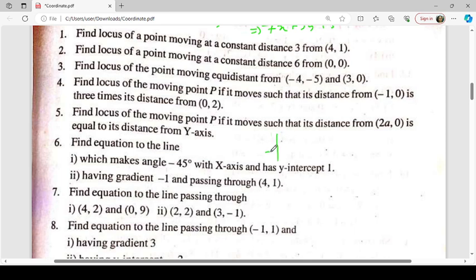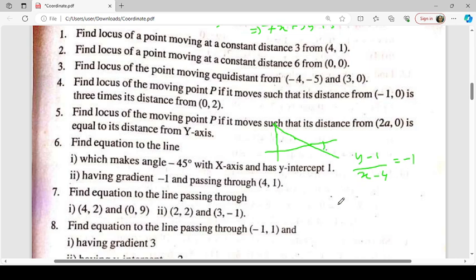So this is the line, gradient is minus 1, so this is minus 45 degree. So what we have, the current point is x, y, so y minus 1 by x minus 4 is the gradient of the line which passes through 4, 1, and it is given as minus 1.